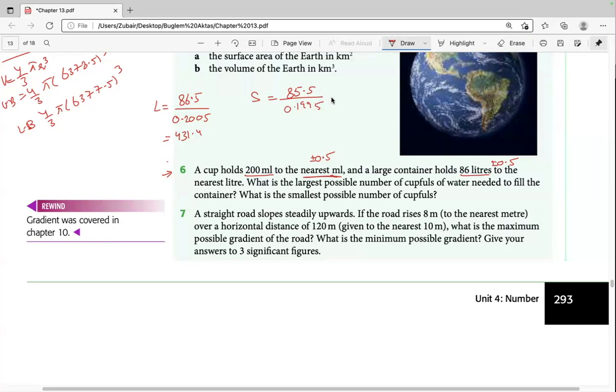So 85.5 divided by 199.5 gives me 428.6 for the smallest, and the largest number of cupfuls of water needed to fill the container is approximately 431. So we can say approximately 431 and approximately 429 cups.